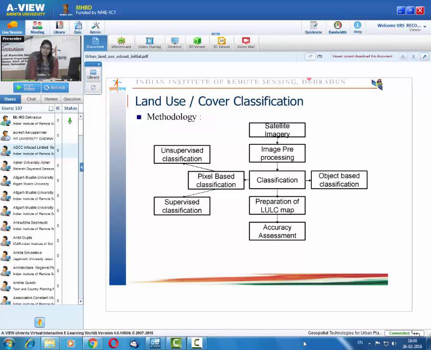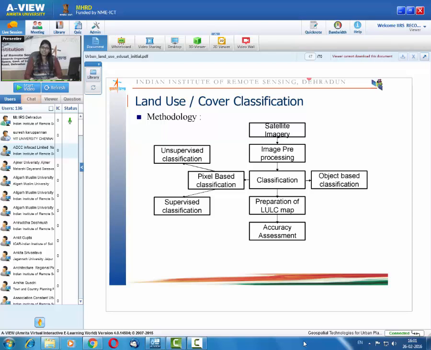So which methodology do we generally adopt while we are classifying an image? We use either supervised classification or unsupervised classification. Before this, I have told that if you are going for level 4 classification, that is a detailed classification, it cannot be done by digital image processing.